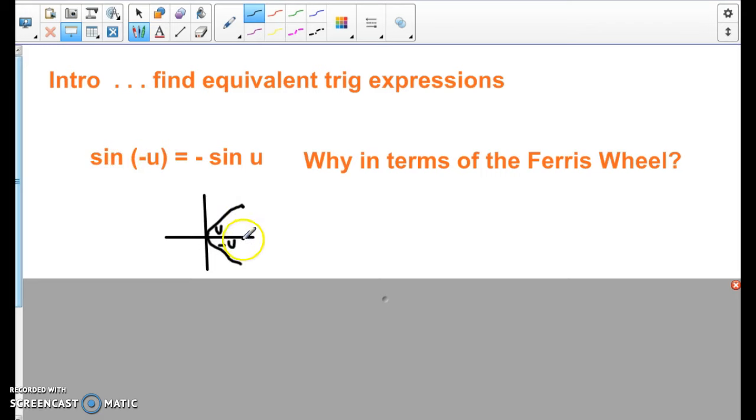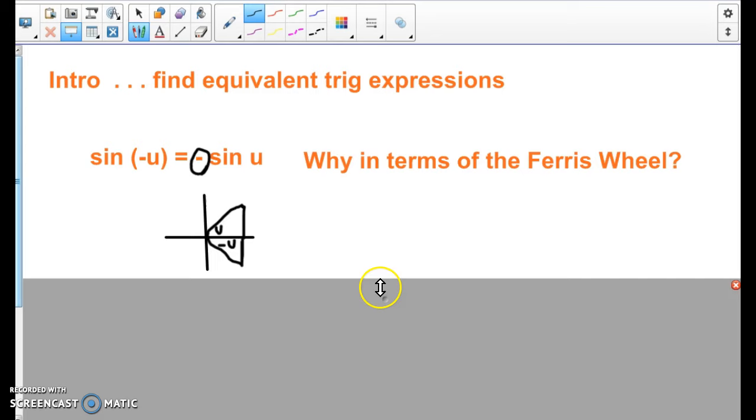So the sine of this piece is the opposite, that's what negatives mean, opposite of this sine value. Is that true? Are these heights opposite? Yes, this is a positive height up here, and this is a negative height down here.